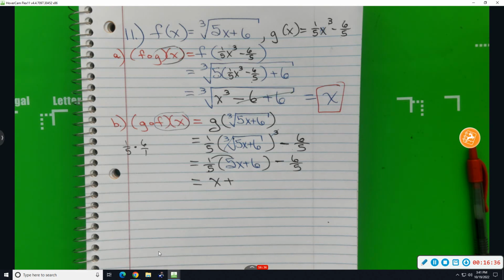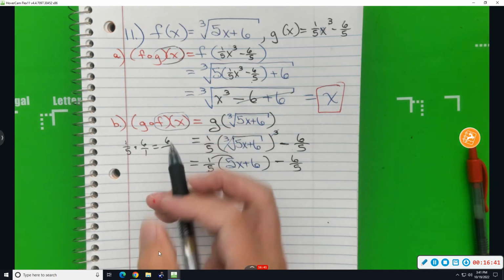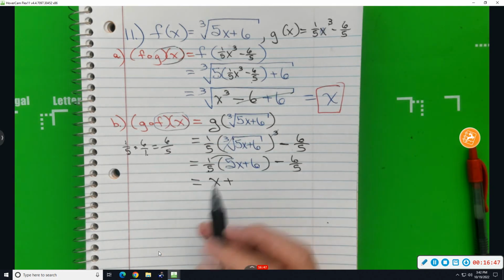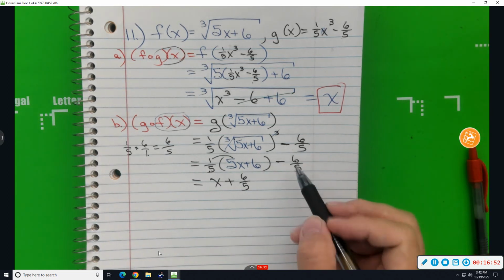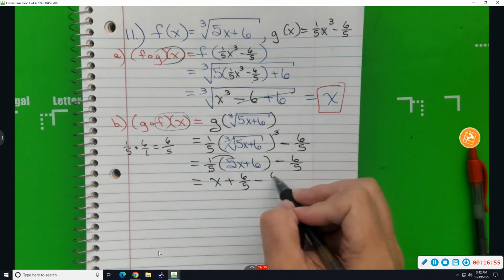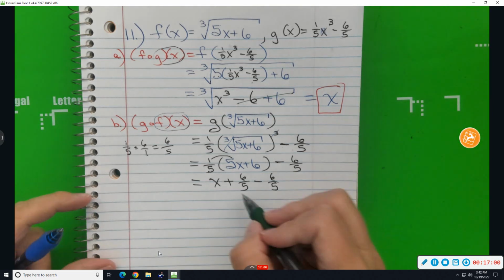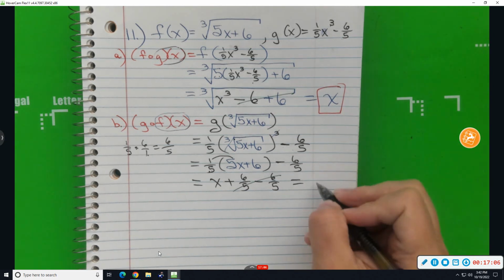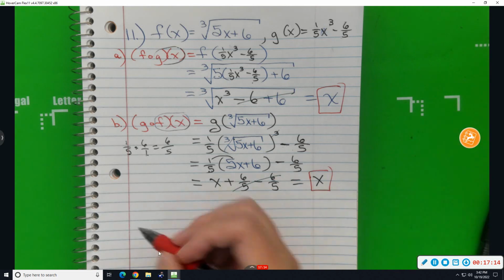No. Remember how you multiply fractions? 1 times 6 is 6. 5 times 1 is 5. So 1/5 times 6 gives me a positive 6/5. And I have a minus 6/5 right here. So what are we going to be left with? Another x. Are they equal? Are the compositions equal? Yes, they are equal.